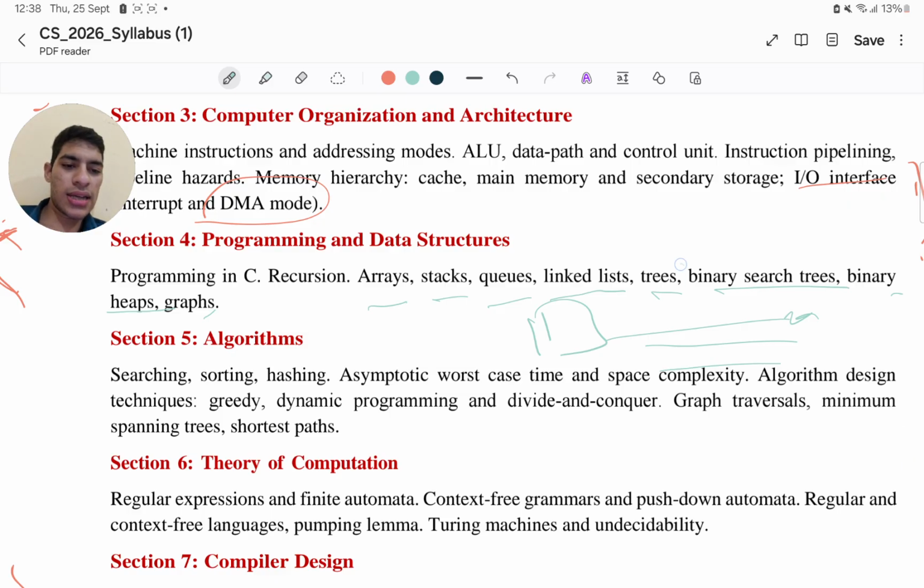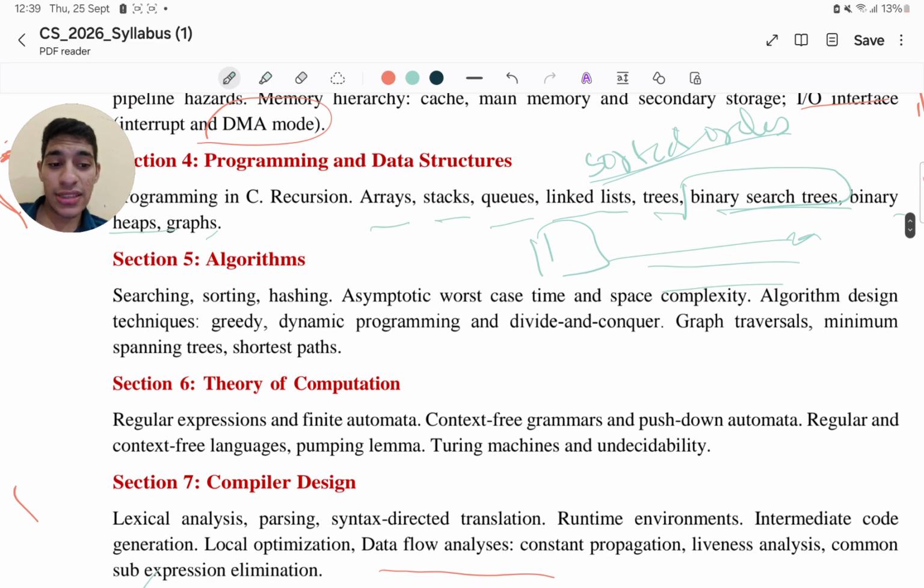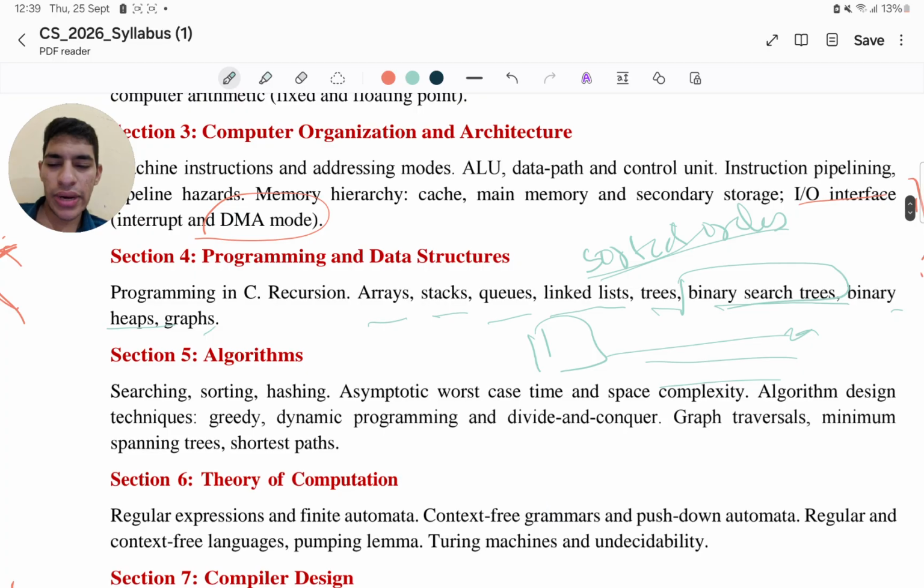Then they might ask questions from binary search trees: in order, pre order, post order, what in order looks like, what post order will do. They might ask what in order produces, so you must know that it produces the sorted order of elements, and match the correct option accordingly. So questions from this section come like this.